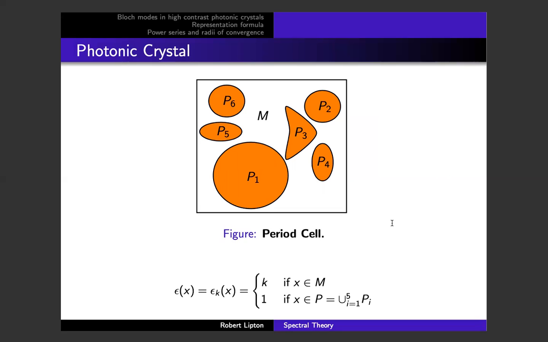And in the rods, the dielectric permittivity will be unity, so it'll be 1 in the orange cross sections, and it will be K, where K is going to be taken to be quite large, in the M, which is short for matrix. So 1 value in the P domains, P1 through 6, and then K in the connected phase surrounding.